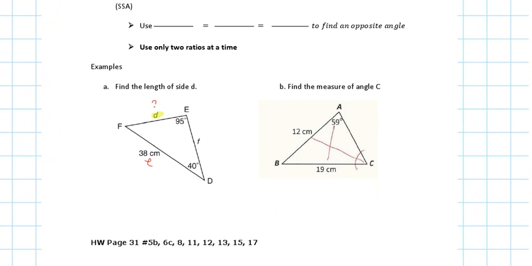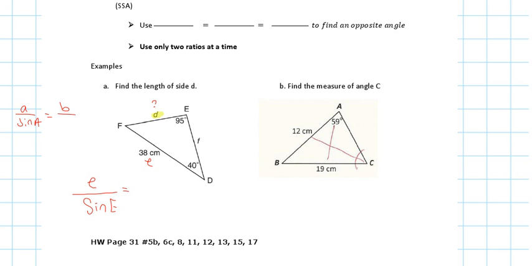Let's write the formula. The formula says the side divided by sine the angle. So that's going to be side E divided by sine E. I'm just going to write the letters for now. It's a over sine A equals b over sine B, but I don't have the letters A and B. I have the letters E and D. So I'm just using different letters.